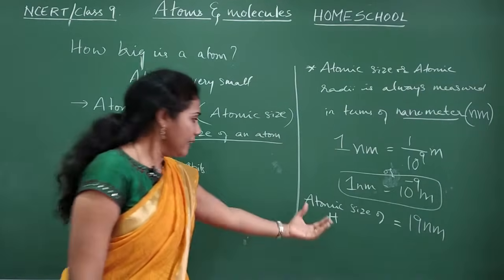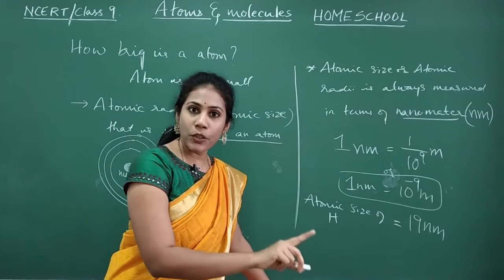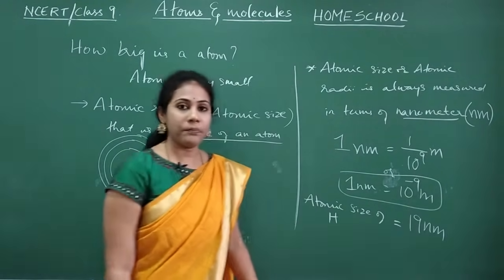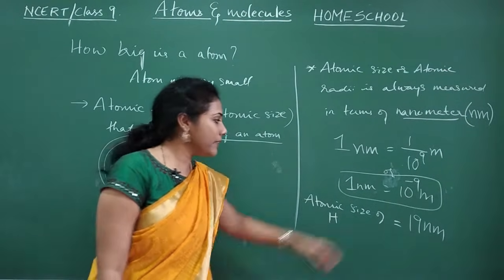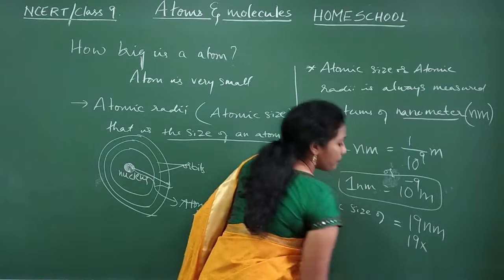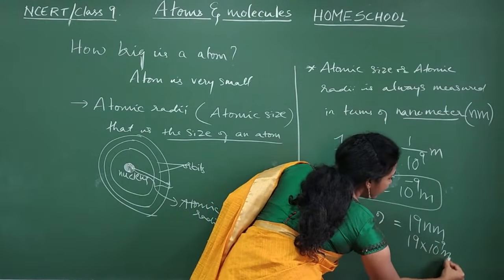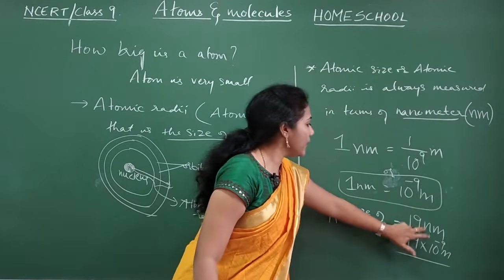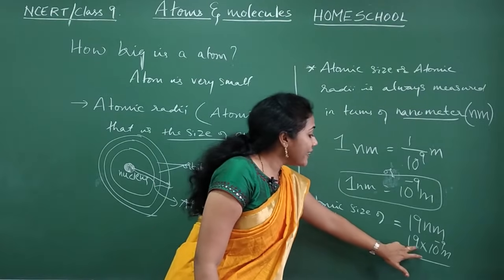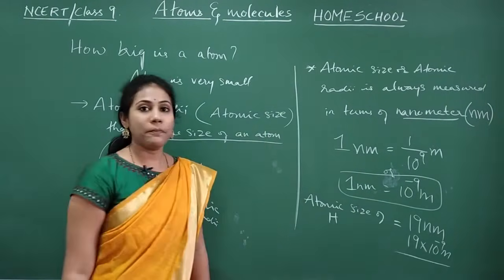So I am telling you the size of one atom of hydrogen is 19 nanometer. What do you mean by this? It means 19 into 10 to the power of minus 9 meters. Nano means what? 10 to the power of minus 9. So 19 into 10 to the power of minus 9 meter.